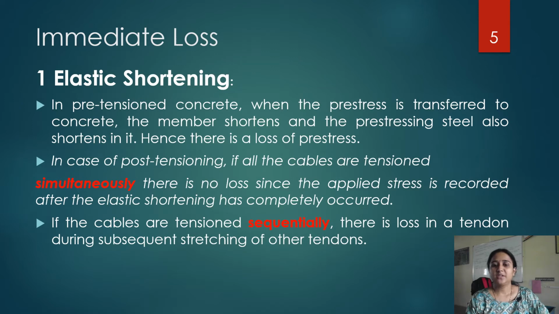So if we do the tensioning of the cables simultaneously at a time, then there is no loss because of elastic shortening. But if the cables are tensioned sequentially or one by one, there is a loss in tendon during subsequent stretching of other tendons. So this is the main idea behind elastic shortening.